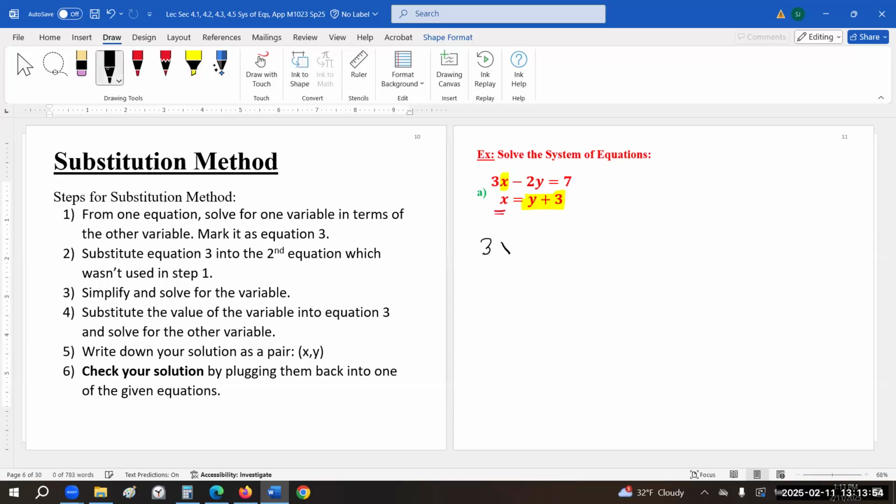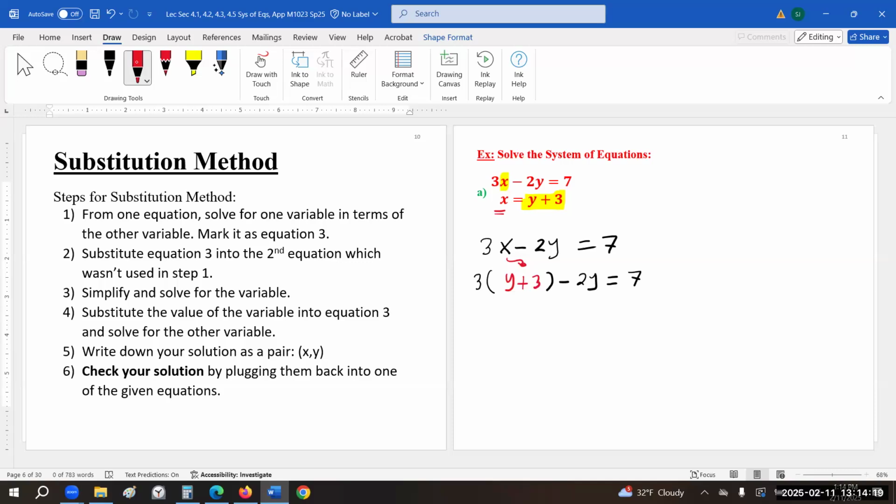So first equation is 3x minus 2y equals 7. But instead of x, we are going to substitute the expression for x. The expression for x is y plus 3. So this x turns into y plus 3.